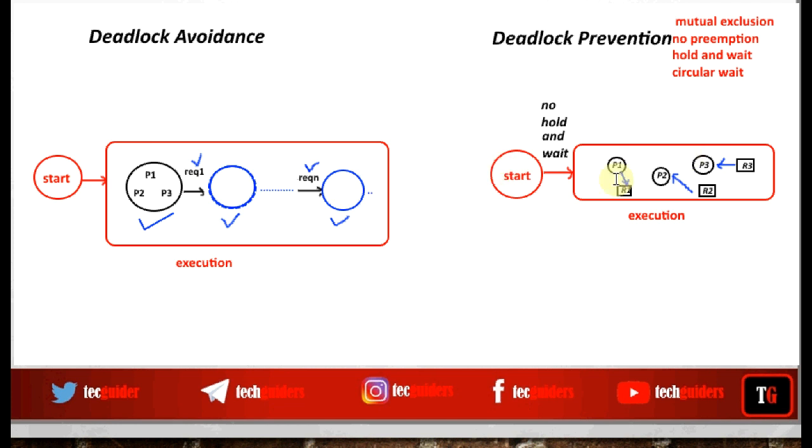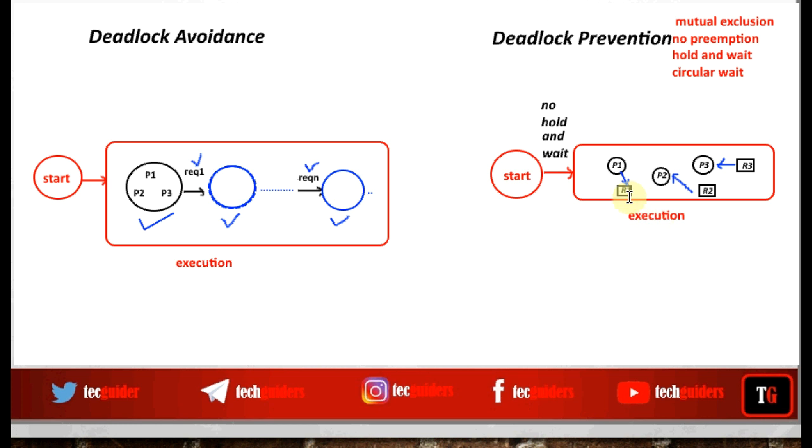So here there are no restrictions on the way the processes can raise the requests; the processes can make the requests as they wish. But whether the requests are to be granted now or not, those decisions will be made at runtime by the operating system based on some analysis. And for that analysis to be done, the operating system needs some prior information or some additional knowledge, such as which processes will be executed, which resources will be required by each and every process, and each resource may have multiple instances.